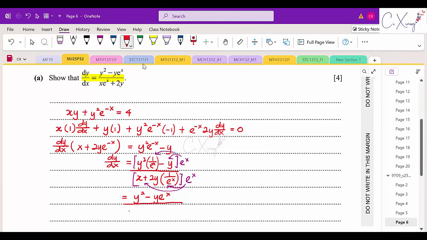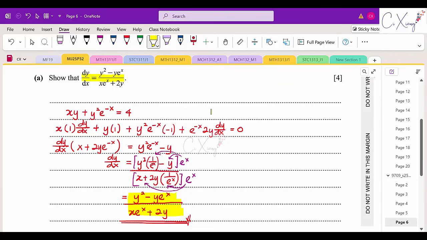Okay, so we're having x e power x, then plus 2y. This is how we get the differentiation. And this is, we are applying implicit differentiation. It belongs to part of chapter 4.